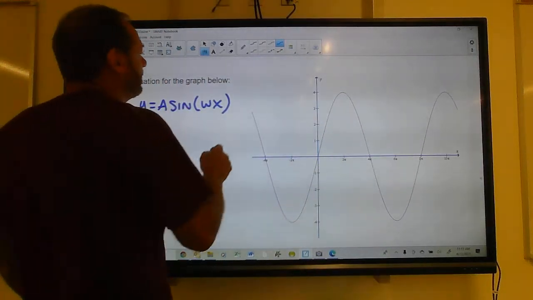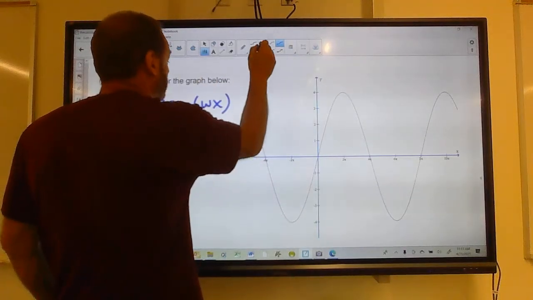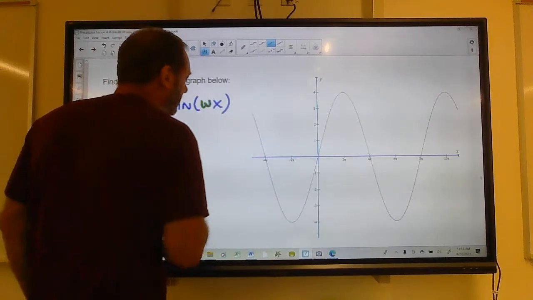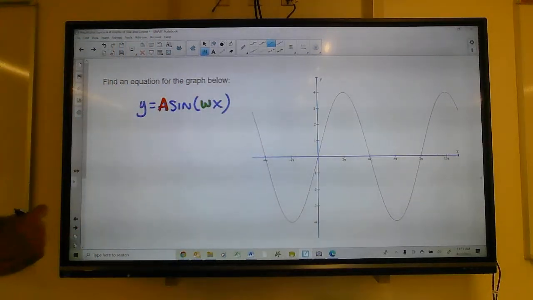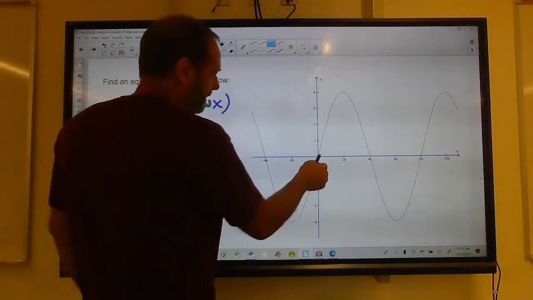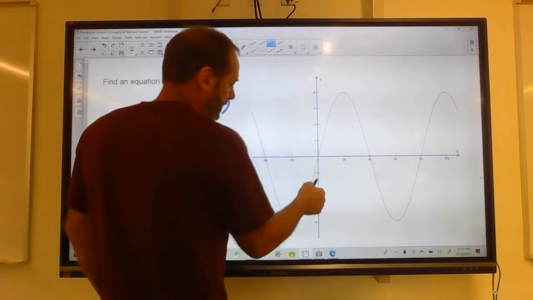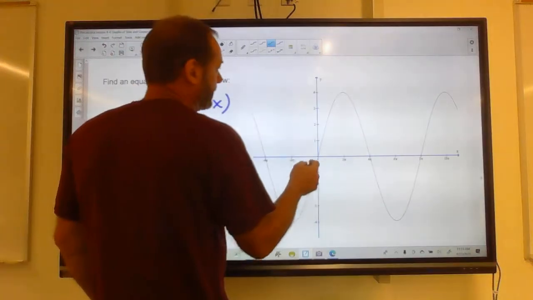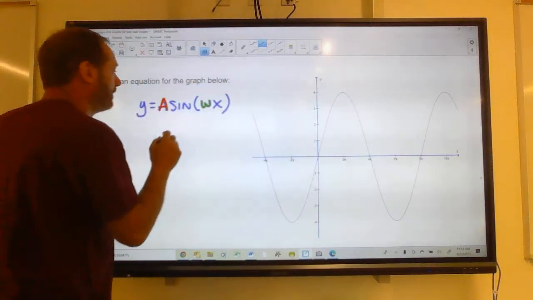Okay, so now we've got to figure out what is the amplitude and what is w. The amplitude is easy. This thing is centered on 0, and it goes to 4 and negative 4. And so that's going to be 4.